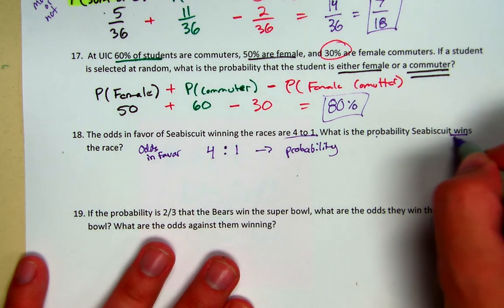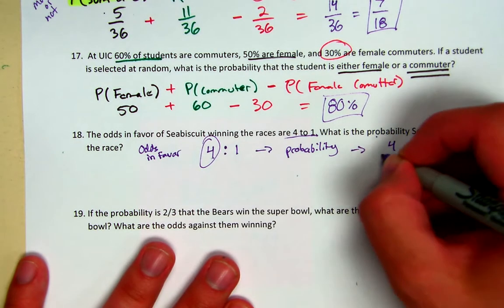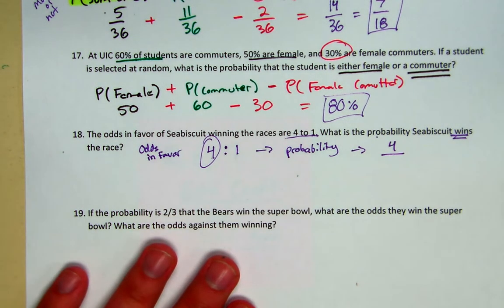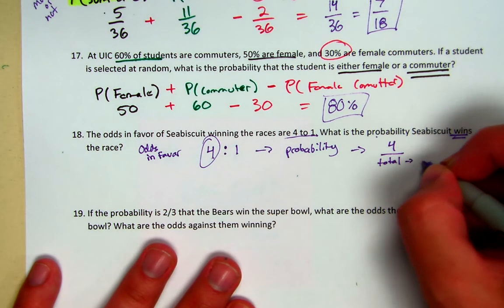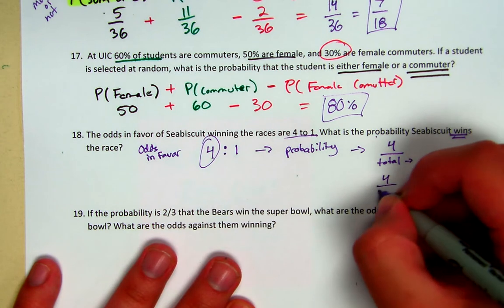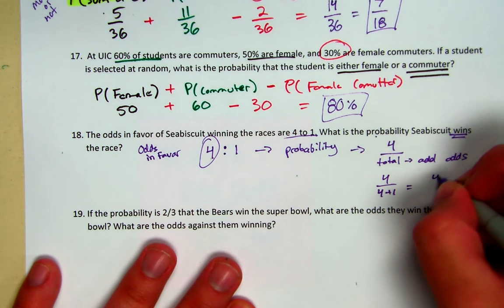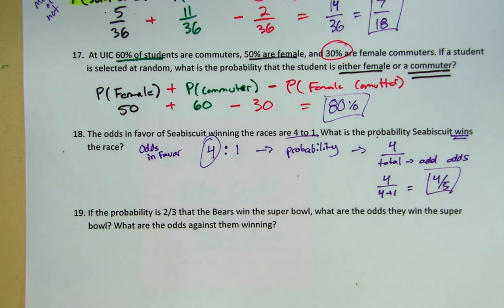We want winning the race, so that tells me I want 4. So I want 4 out of the total options. Now total options, how do we get those? That's adding the odds. So 4 out of 4 plus 1 gives me 4/5 that Seabiscuit will win the race. And that's how you find the probability.